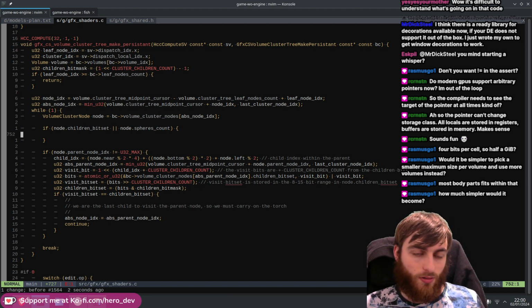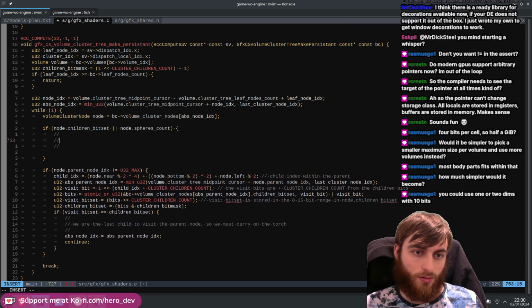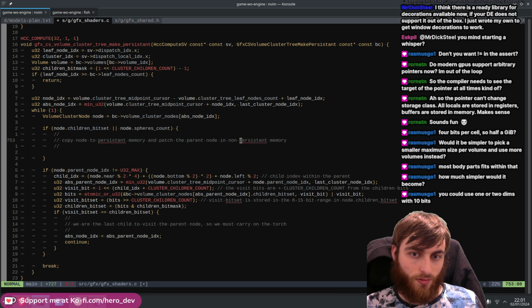So if you have these guys, you do the copy, right? Copy node to persistent space and patch the parent node in non-persistent space. I spelled that wrong.